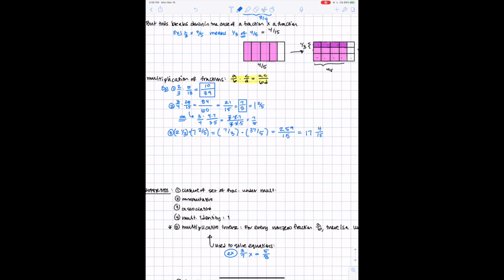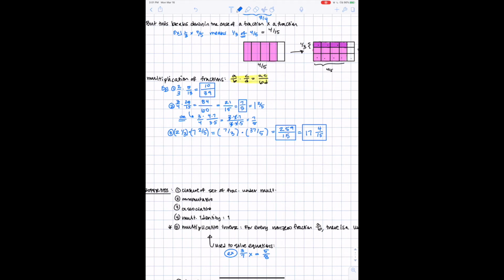Of course, if I don't specify, then I don't particularly care which form you leave your answer in. If you wanted to leave it as the improper fraction here, that's totally fine. But if it's given to us as a mixed number, it's kind of nice to give our answer as a mixed number too. And you should definitely be able to go back and forth and use either notation, I guess.